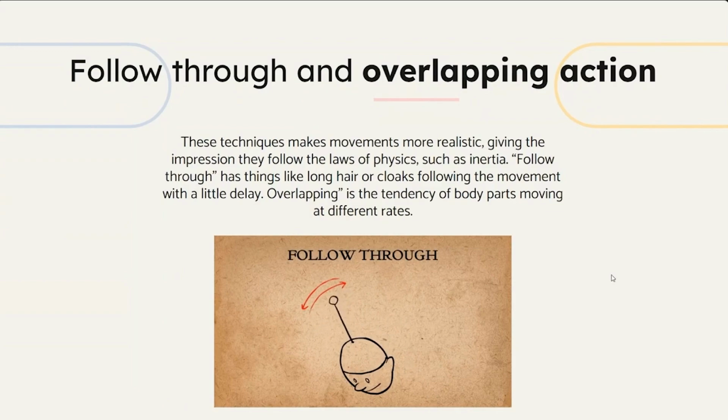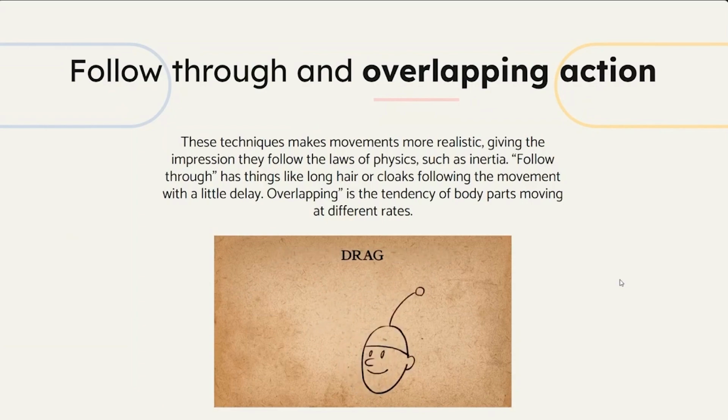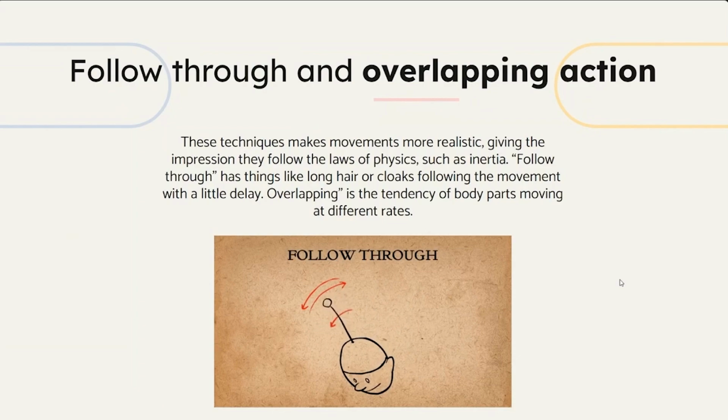So the follow through is, for example, you have a long hair or a cloak or something that is dragging, and because of the inertia, it moves with a little delay from the main movement. So if you start spinning, your body will start spinning first, and then the hair will follow.